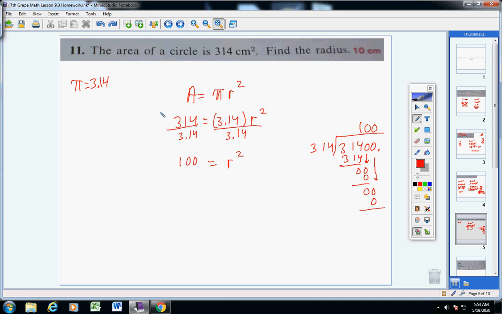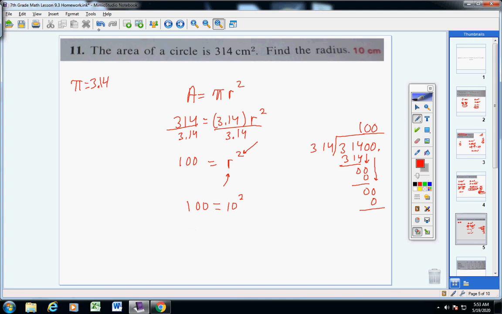Now, guys, think about it. The radius is squared. So what would I have to put in for r? So when I square it, I get 100. Wouldn't it be 10? If I put a 10 in for my radius and squared it, would I not get 100? Sure I would.